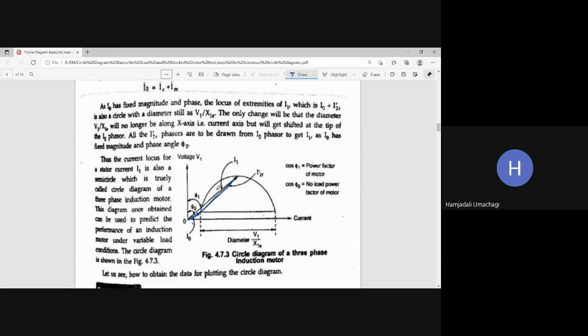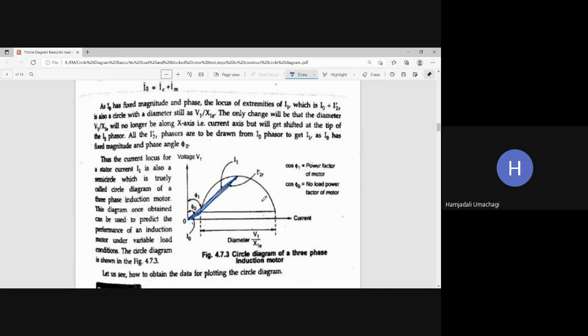Similarly, the power factor angle between the resultant stator current I1 and the stator voltage V1 is phi 1. So cos phi 1 is the power factor of the motor, and cos phi naught is the no load power factor of the motor. So this is the circle diagram which is used to predict the performance of the three-phase induction motor, using which we are going to calculate different parameters.